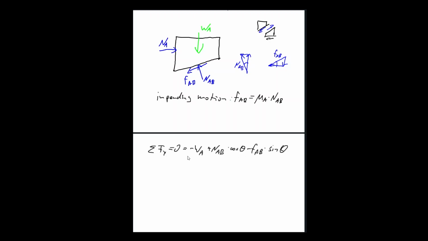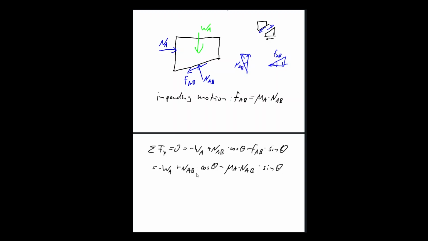What else? Well, we can put in our law of friction, right? So we can say that's equal to minus WA plus NAB times cosine theta minus FAB, which is mu A times NAB. Let's not forget sine theta.